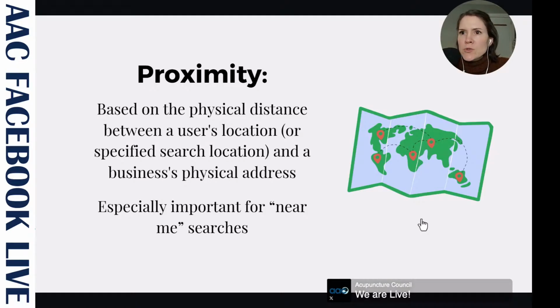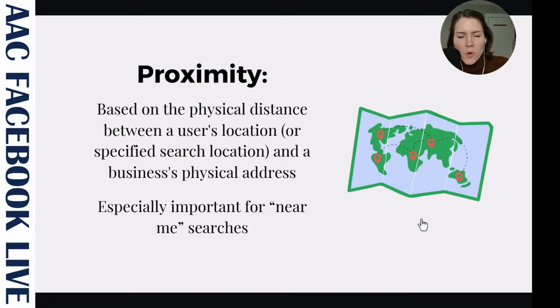There are other acupuncturists who are closer, and it's going to prioritize them towards the top of the search, right? And again, this is specific for like near me searches, okay? Because Google is using the location of the user, like where is their cell phone? What are the coordinates when they're typing in this question? And what is the address of your brick and mortar business? And what is the distance between them?